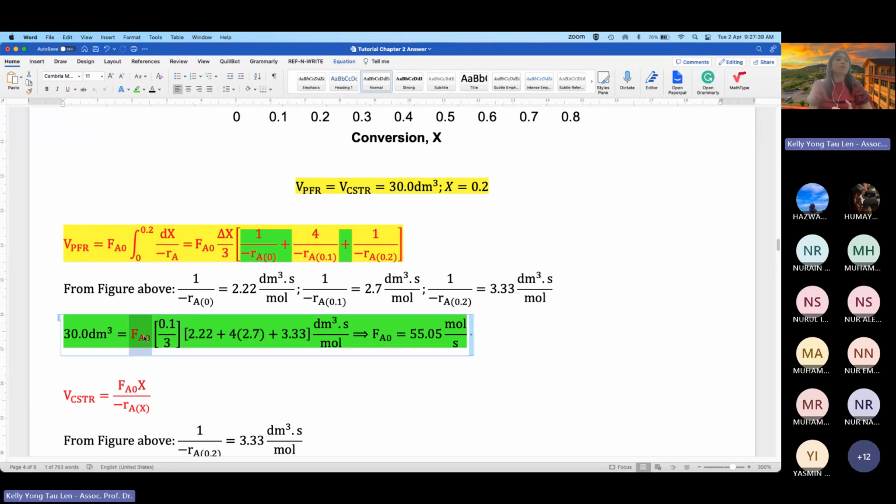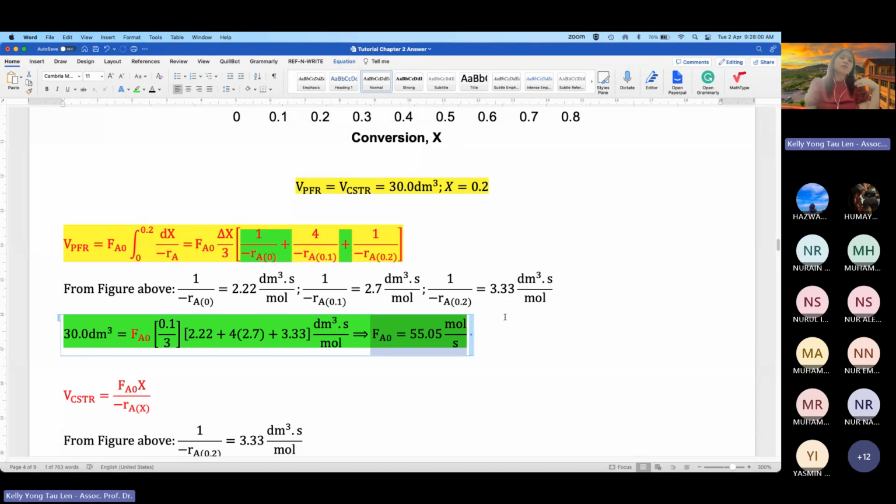When you have one equation and only one unknown, and the rest you have substituted in, then definitely the problem can be solved, and you will get FA0 as 55.05 mole per second.